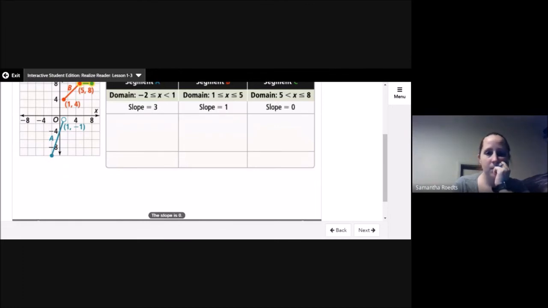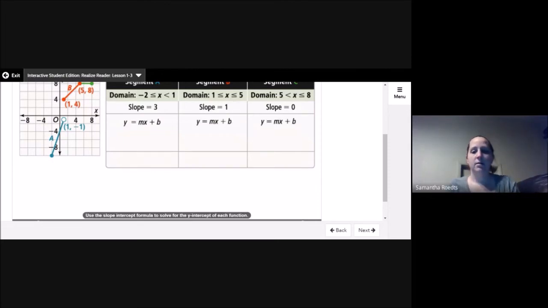The slope is 0. Use the slope-intercept formula to solve for the y-intercept of each function. For segment A, use the point -1, 1, and the slope of 3. The y-intercept is at -4.